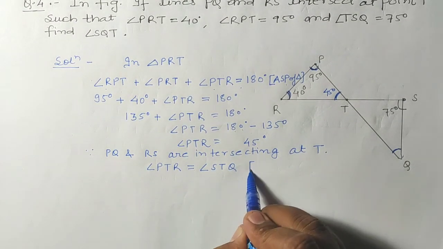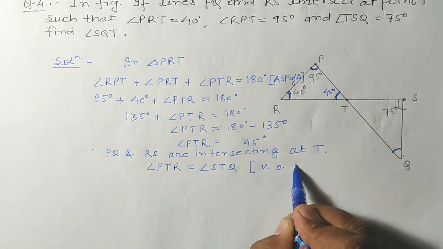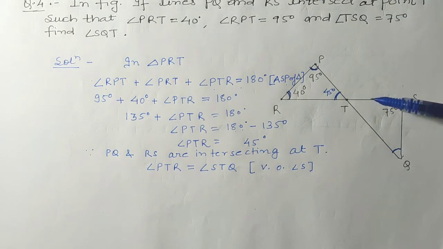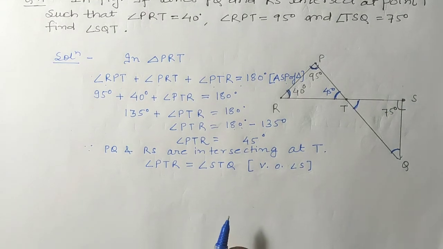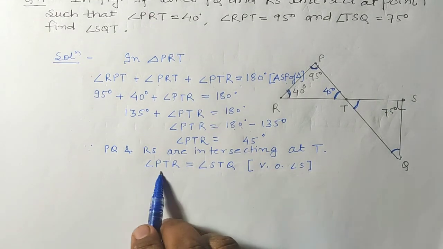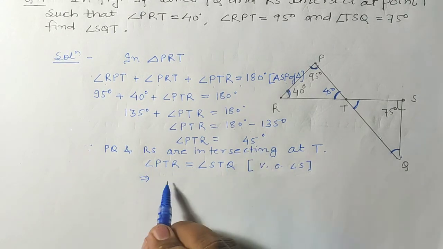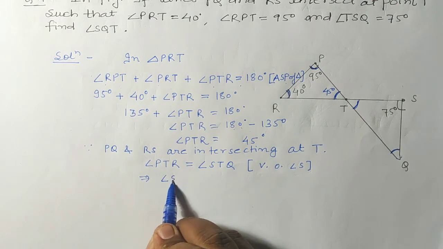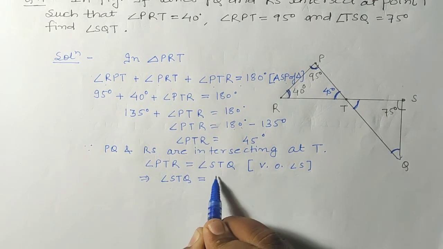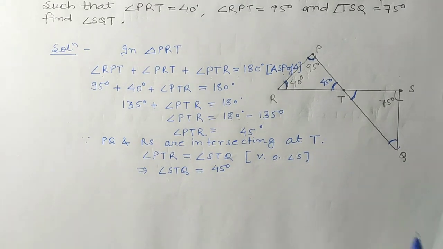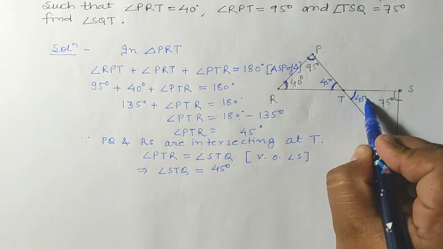The reason is vertically opposite angles. When two lines intersect each other, their vertically opposite angles are equal. This axiom we have studied earlier. Because of this, these two angles will be equal. So angle PTR is equal to 45 degree, and angle STQ will also be 45 degree.